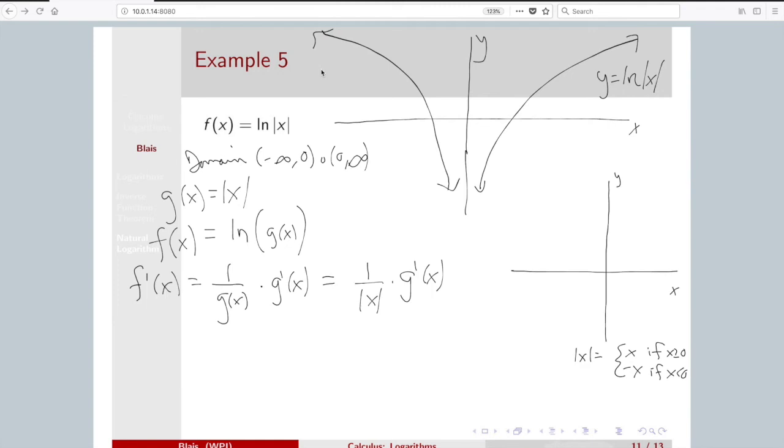So its derivative, if x was positive, the derivative was 1. If x is negative, the derivative was minus 1. So this was the derivative of the absolute value function. And it was not differentiable at 0. That means this is this function here.